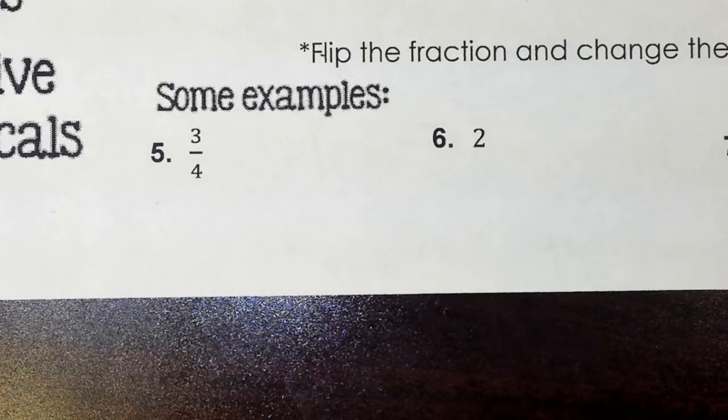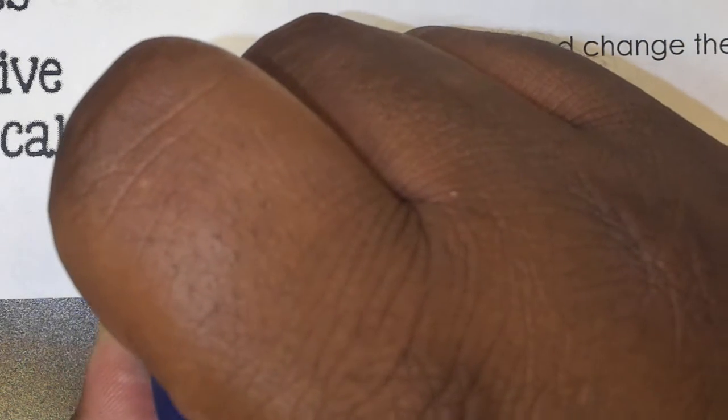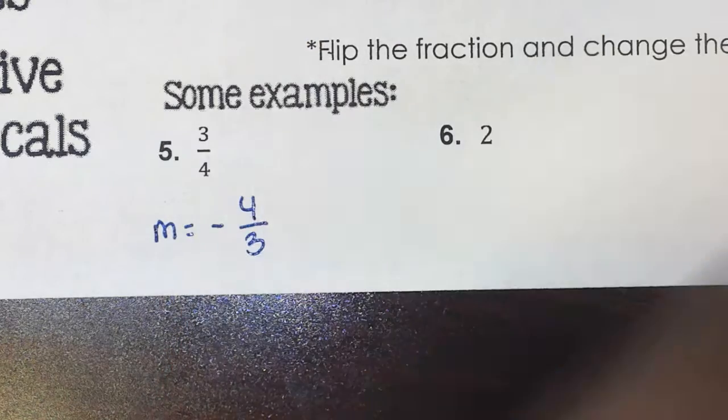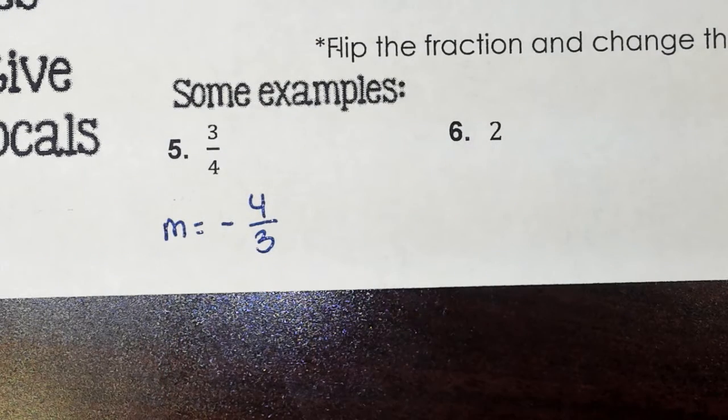Number 5. Some examples. The first slope they give me is 3 over 4. They basically want me to give a perpendicular slope. A perpendicular slope to 3 over 4 is going to be m equals -4 over 3. Number 6.